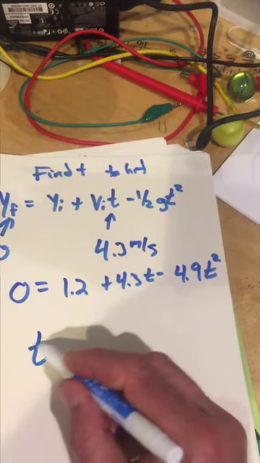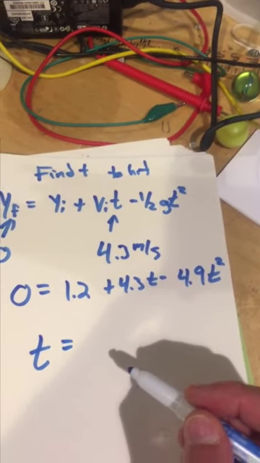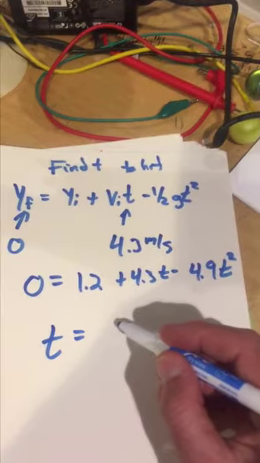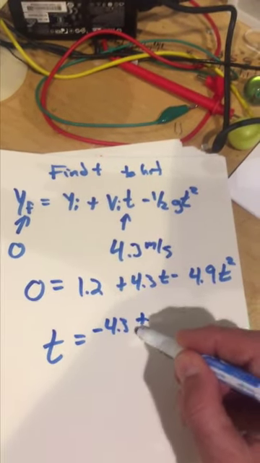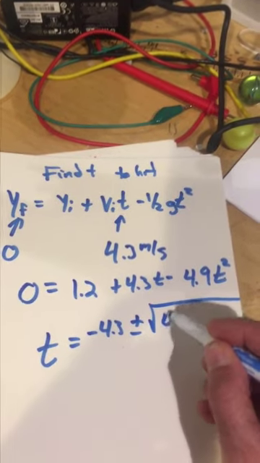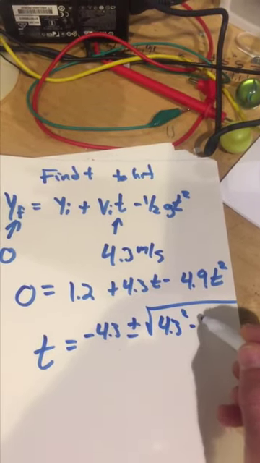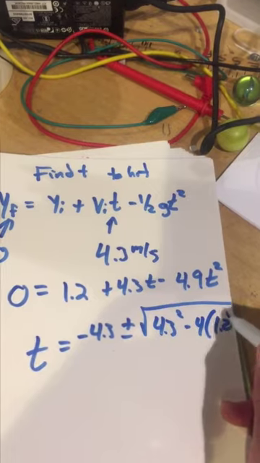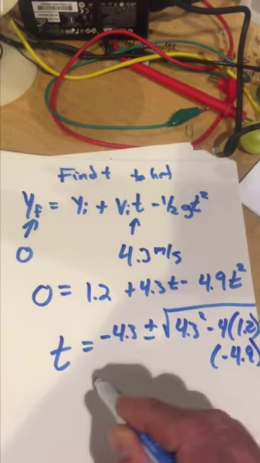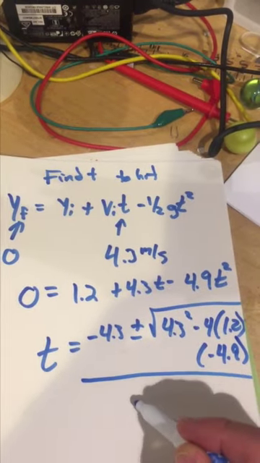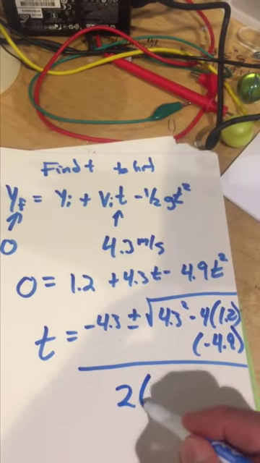But once I do, I get that my time is, and just so you know what I'm going to do, I'll write it out: minus 4.3 plus or minus the square root of 4.3 squared minus 4 times 1.2 times negative 4.9, all over 2 times negative 4.9, which is negative 9.8.